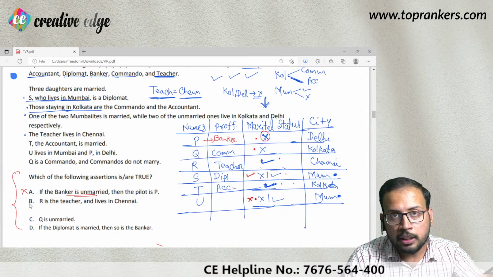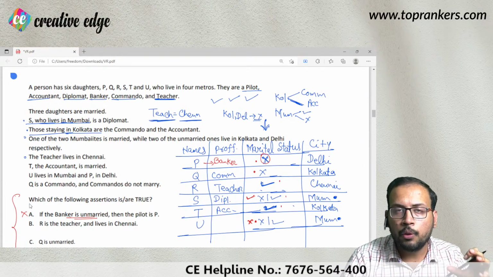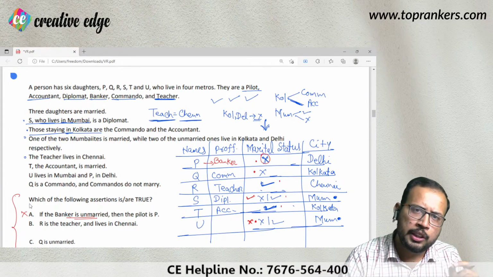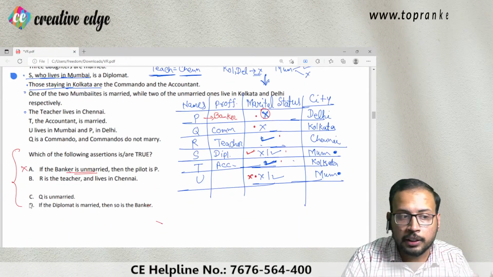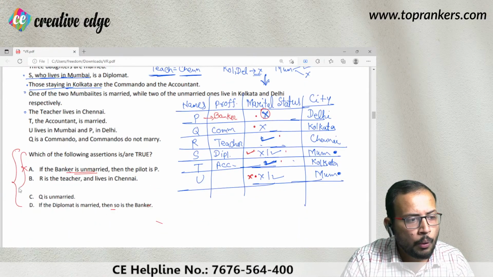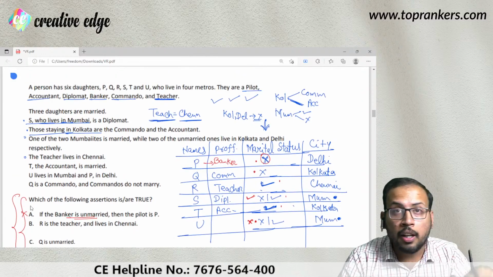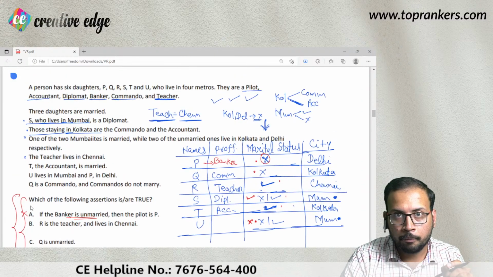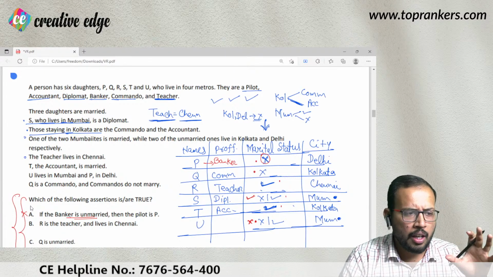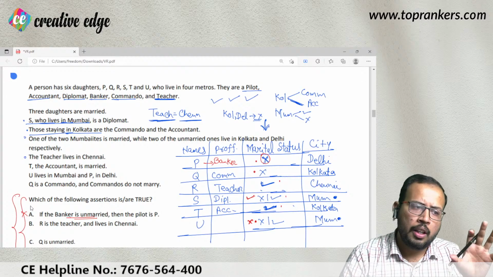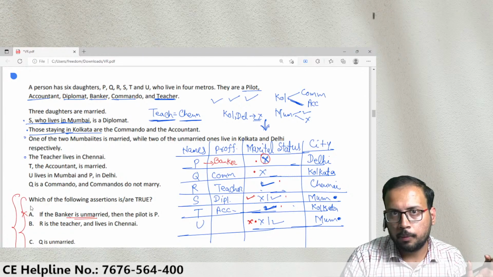Suppose this set asks two or three questions, I would say that spend time and go for it. But if it is asking only one single question, you can see that this is the only question I have to answer after arranging all the data. So at first, I would always advise that do not attempt it at first. Keep this question for the last, right?